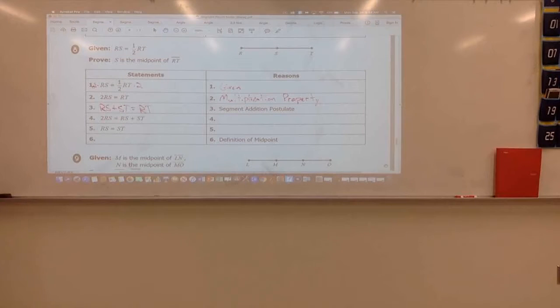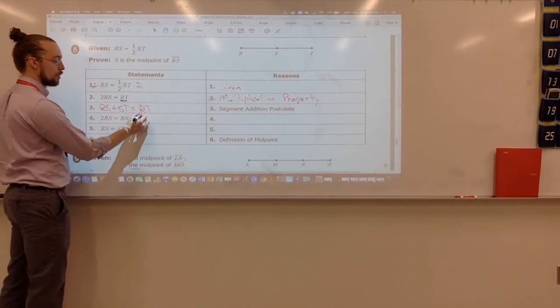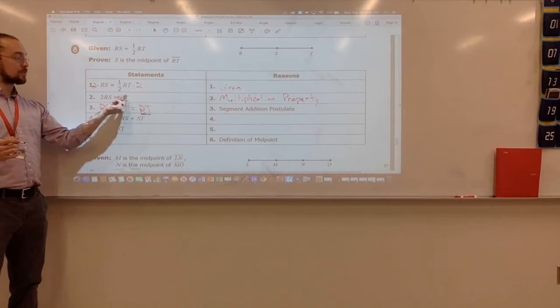How do you get 2RS together? That's what I'm asking you. Is it multiplication? No. For this one, we have to look at lines 2 and 3 to figure out how we got 4. What can we notice in both lines 2 and 3? In both lines 2 and 3, we've got 2RS and RS plus ST equal to the same thing.